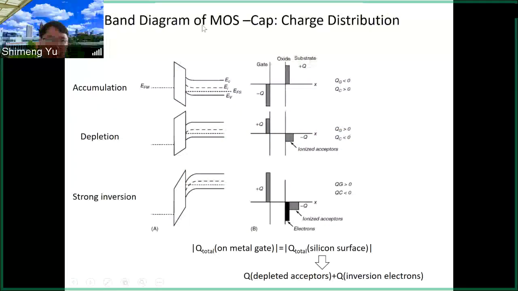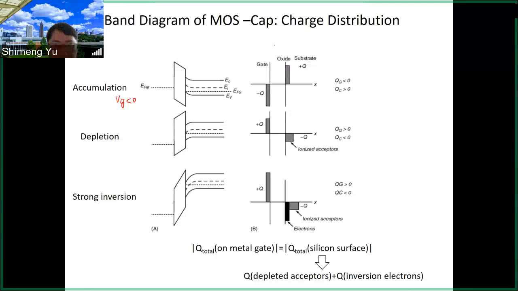So here is the charge distribution of the MOS structure in those different conditions. First is the accumulation. This is when the gate voltage is negative. So then we push up the band. So negative voltage is going to introduce negative charge.